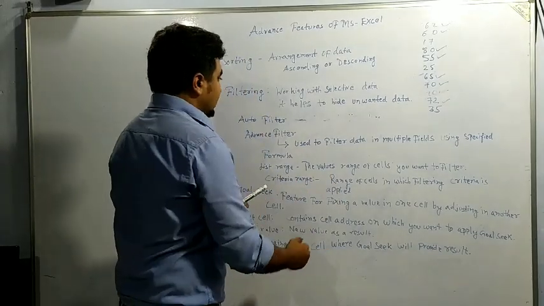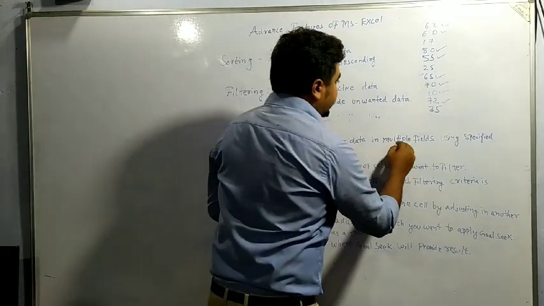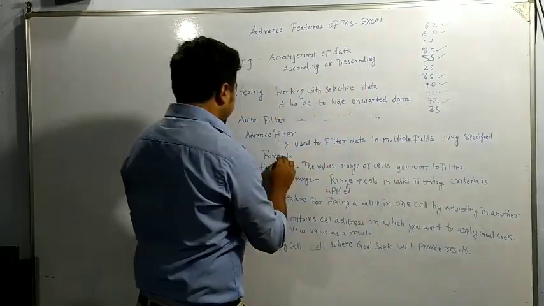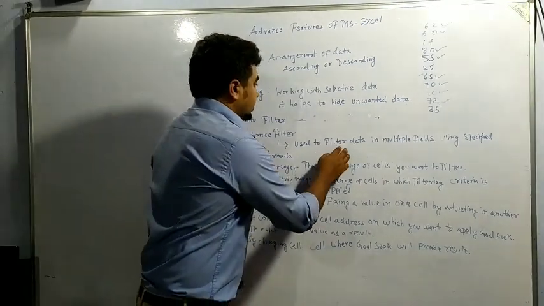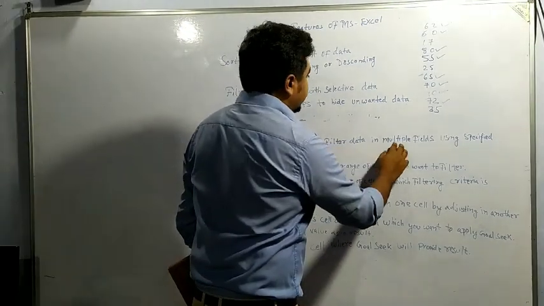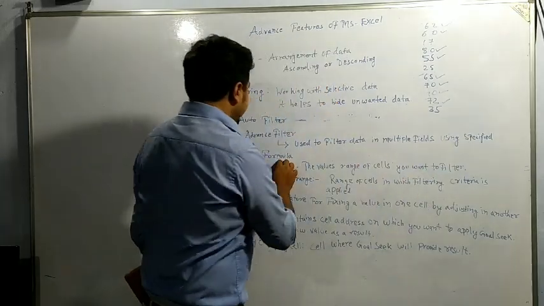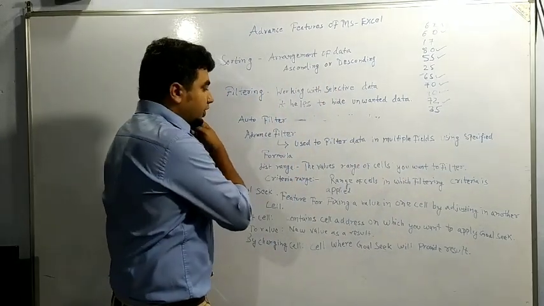Advanced filter is used to filter data in multiple fields using a specified formula. So if we want to filter data in multiple fields using a specified formula, we can use advanced filter.